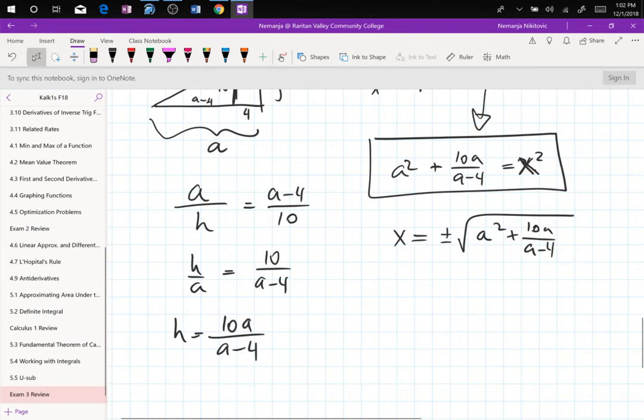So let's find the derivative. So X prime would be what? Plus minus 1 over 2 square root of A squared plus 10A over A minus 4, times the derivative of the inside.